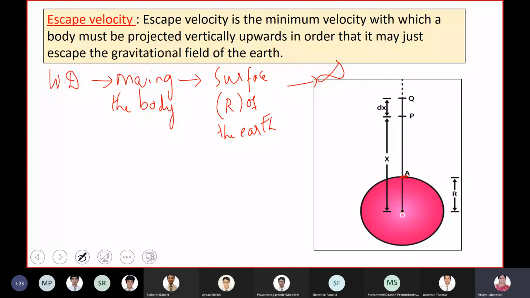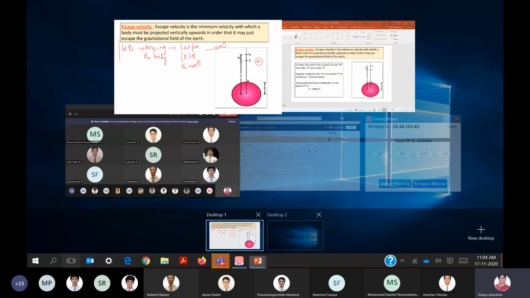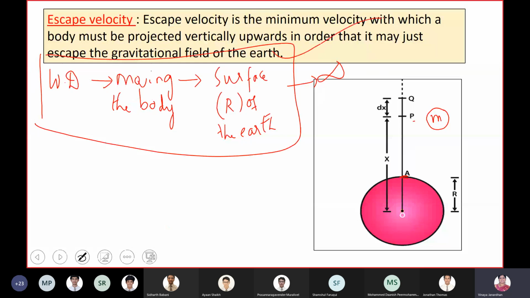Now, how are you going to do this? At point P, you're imagining the body which has to travel with an escape velocity. So let us consider a body of mass m initially at point P, at a distance of x meters from the center of the Earth. I need to find this.